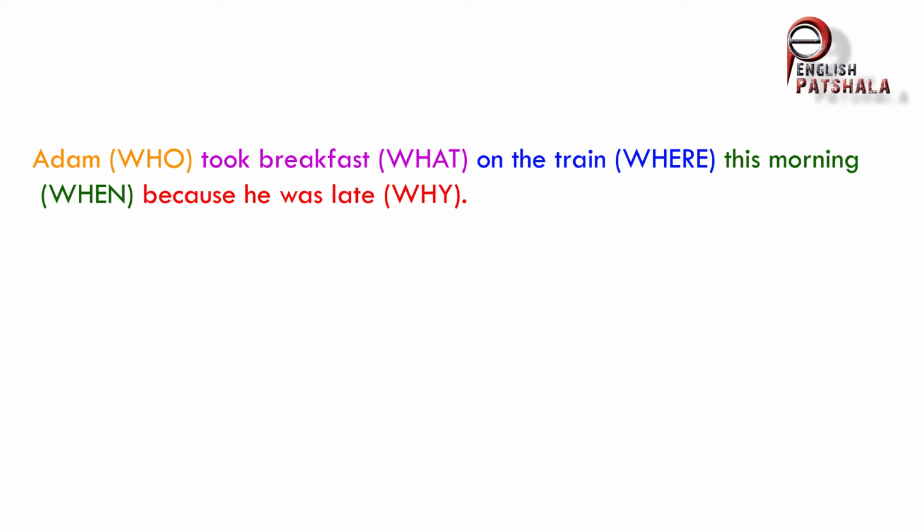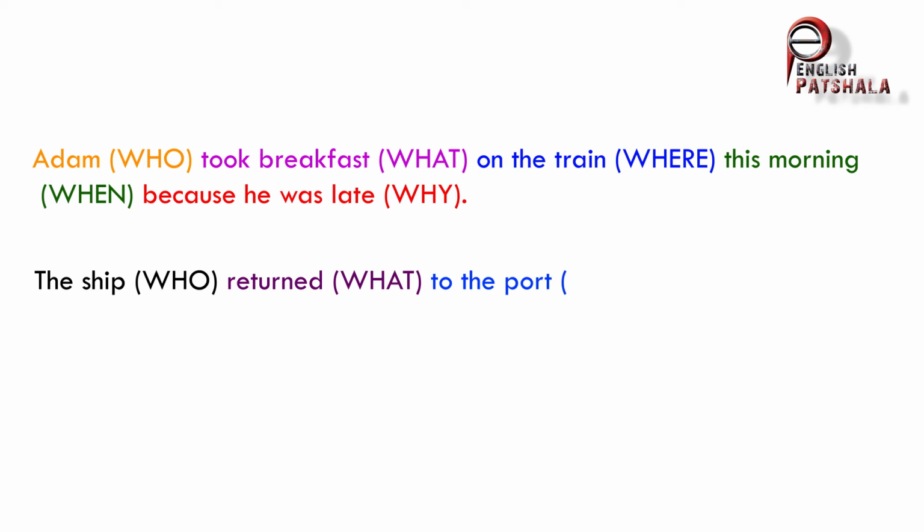Here Adam is who, took breakfast, what, where on the train, when this morning, why because he was late. The ship returned to the port to drop off the passengers. Here, who is the ship, what is returned, where to the port, why to drop off the passengers.